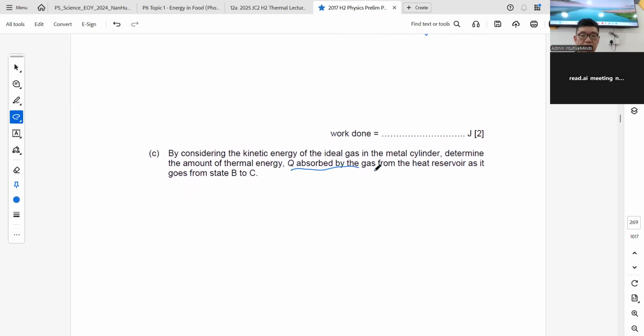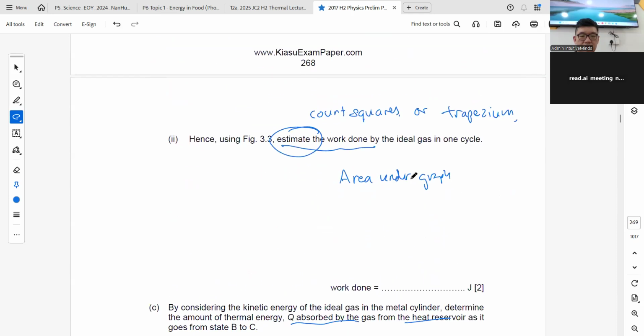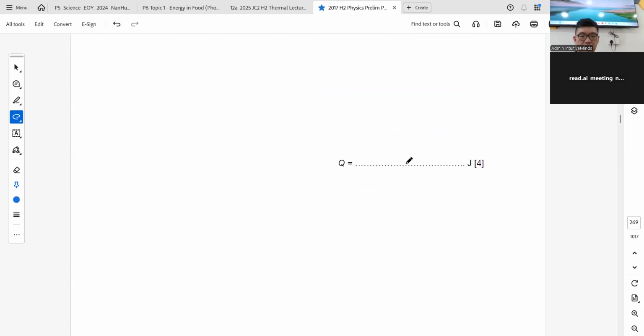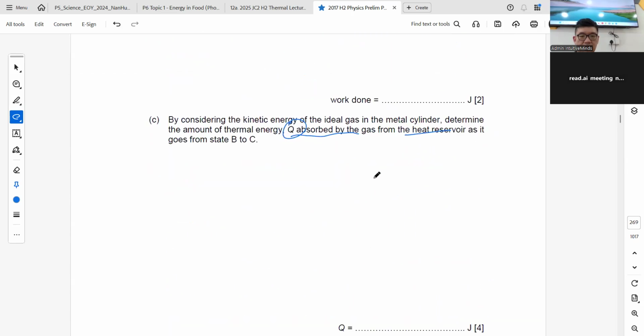Q is, you might need to use first law for this.